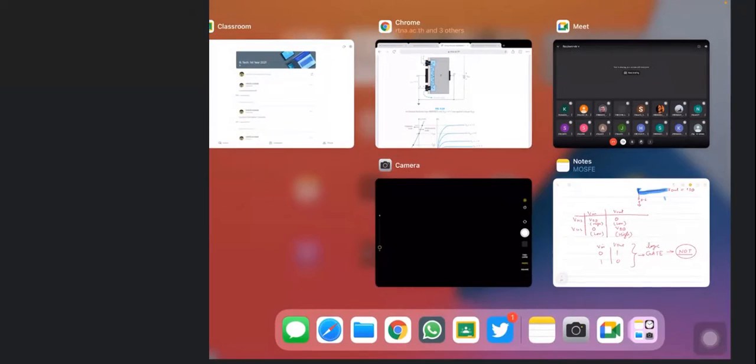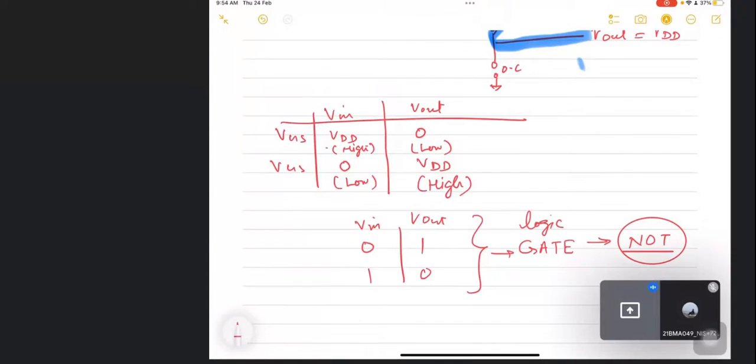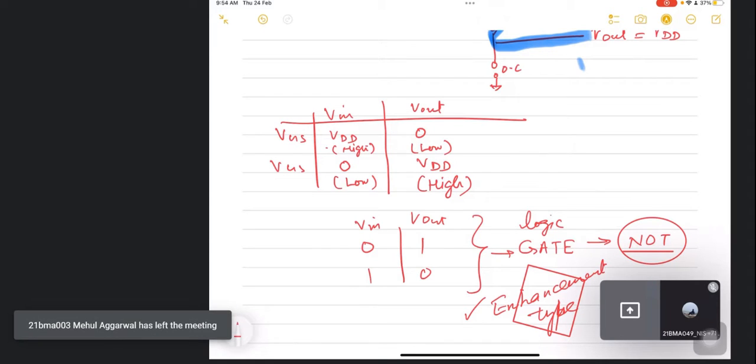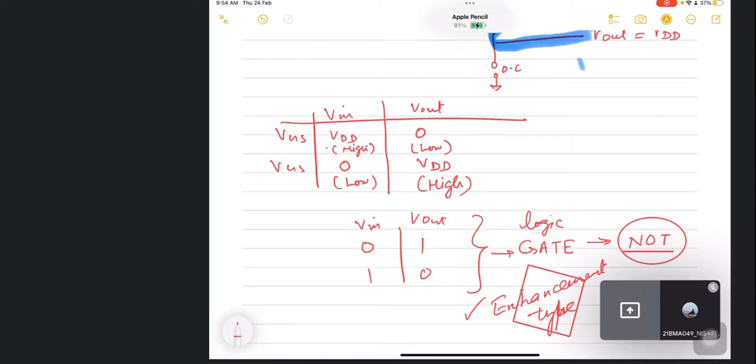So that is how we can use this. But we are using the enhancement type MOSFETs. Why don't we use the depletion type? Because it is turned on without any threshold voltage. So that is a problem with that. We just want to make it conducting and non-conducting depending upon its input.